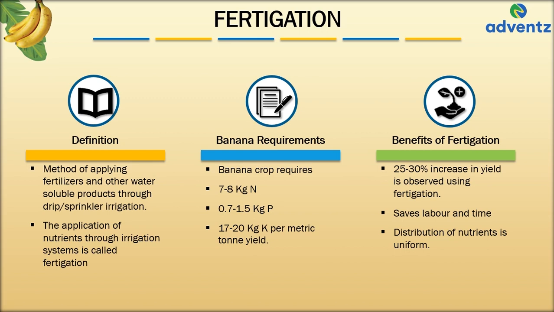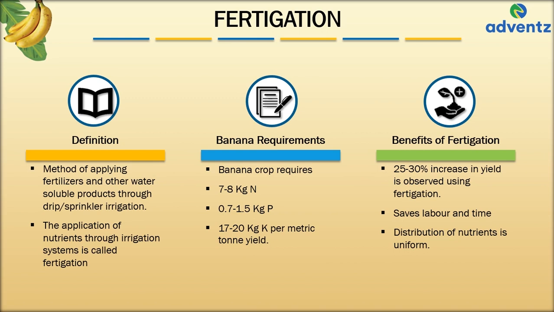The application of nutrients through irrigation systems is called fertigation. This is a contraction of fertilization and irrigation. The fertigation schedule differs based on banana varieties, growing conditions, water and fertilizer quality, and type of land.